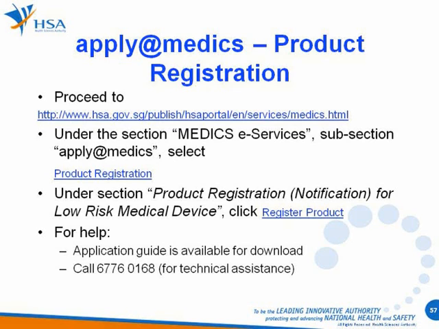And under the section Product Registration, Notification for Low-Risk Medical Device, please click on Register Product. The following slides show an example of the above steps. If you do experience any IT difficulties, please do not hesitate to contact our IT help desk at any time.